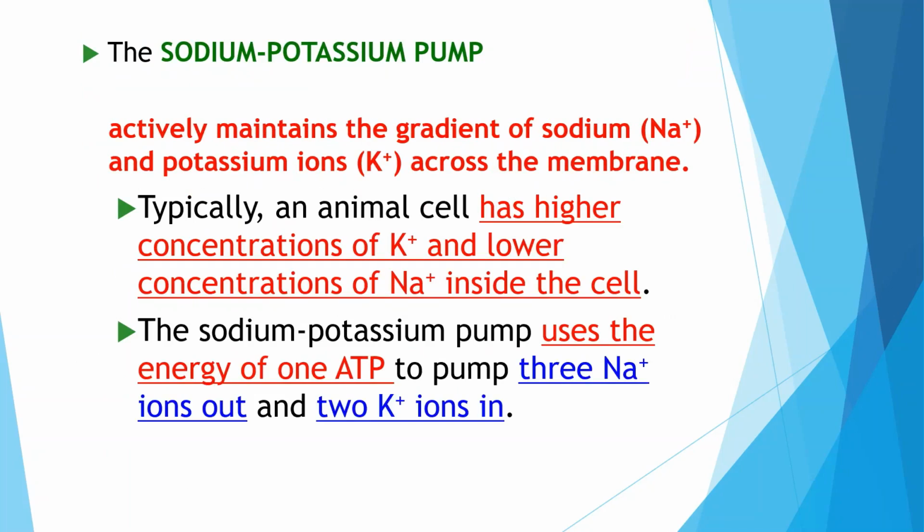In active transport, the sodium-potassium pump actively maintains the gradient of sodium and potassium ions across the membrane. The pump uses ATP energy to pump 3 sodium ions out of the cell and 2 potassium ions into the cell. Generally, the animal cell has a high concentration of potassium ions and a low concentration of sodium ions inside the cell.